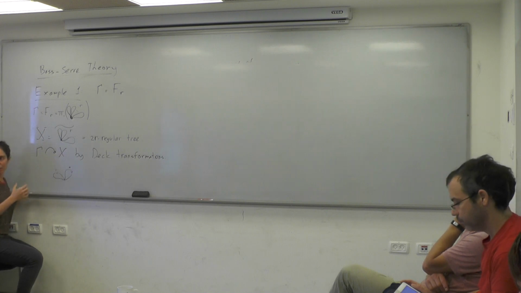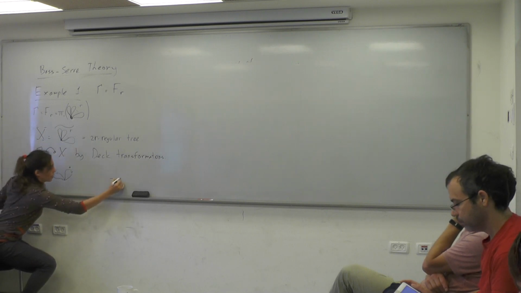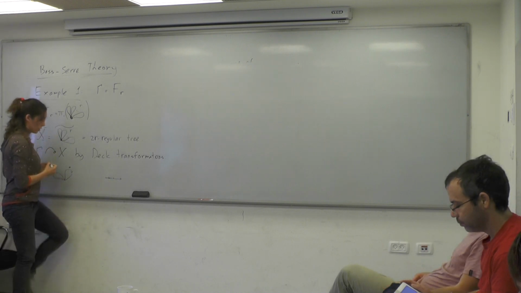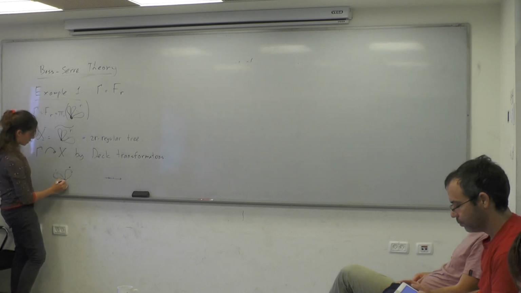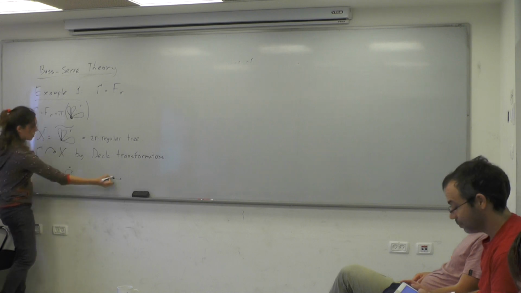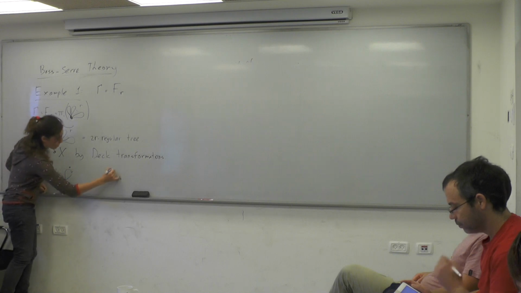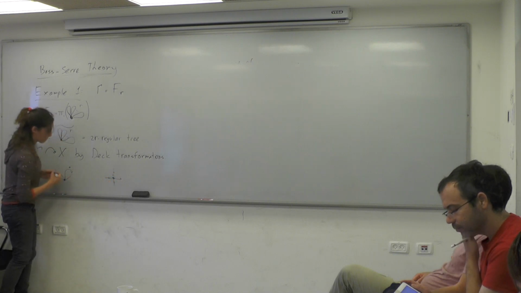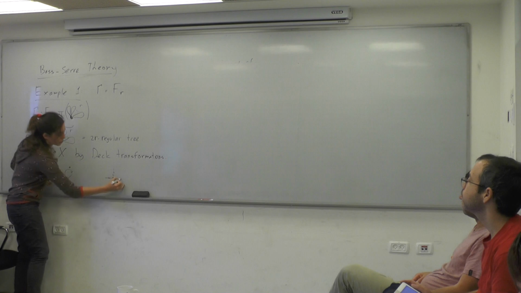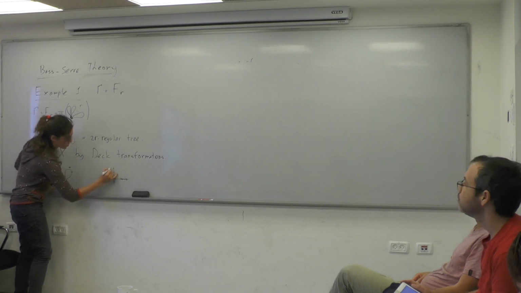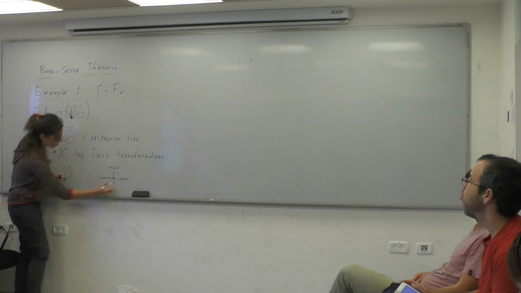Then the universal cover will be the 4-regular tree, and maybe this vertex I lift to this v. And all vertices look the same.